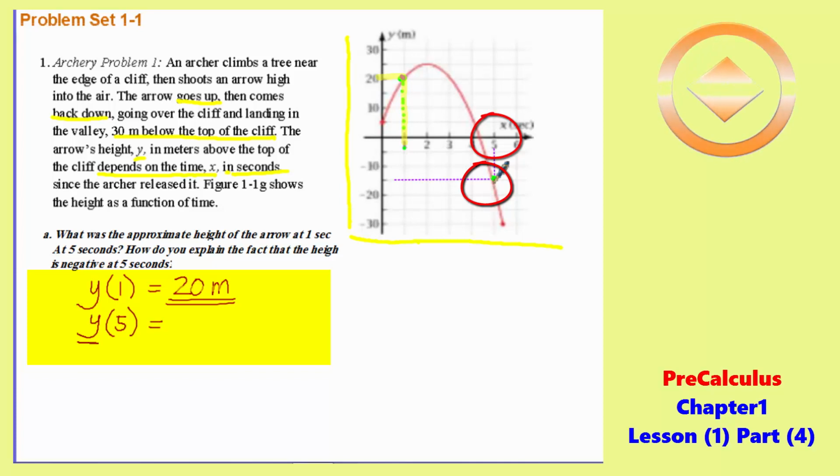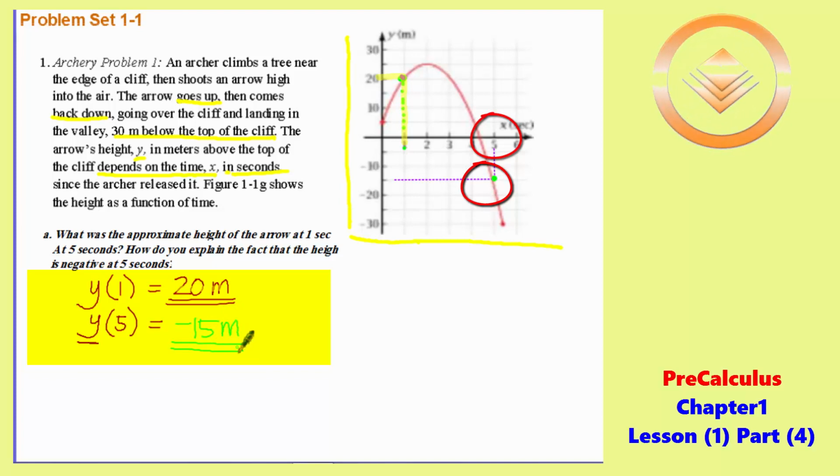So y of 5 is approximately negative 15 meters. Now there is a follow-up question.